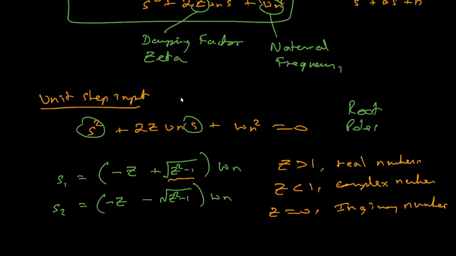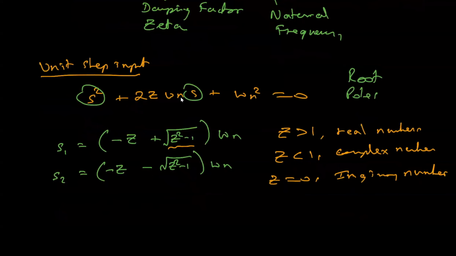Those are the situations we can get from the poles, and there's one other actually: zeta equals 1. When zeta equals 1, we also have real roots, but now the two roots equal each other.